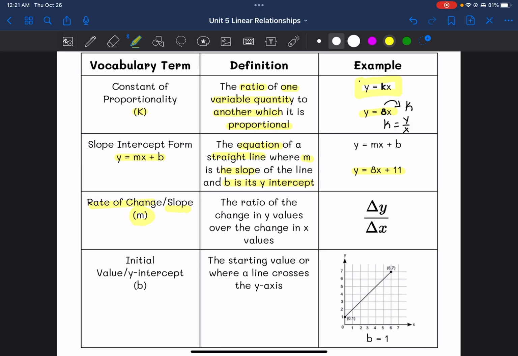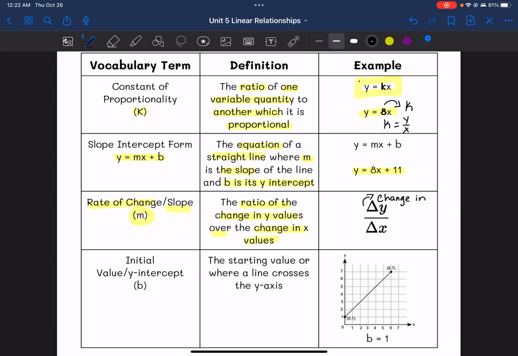Okay? The ratio of the change in y values over change in x values, okay? And the formula that we use is this. That triangle just means change in, okay?